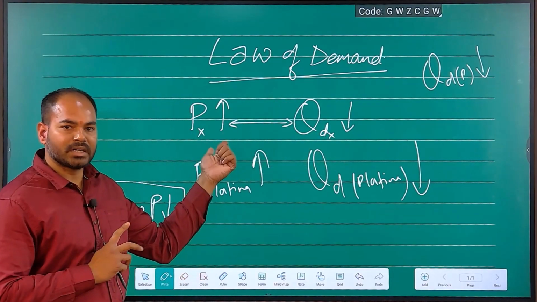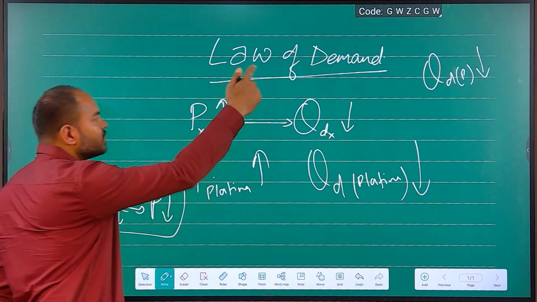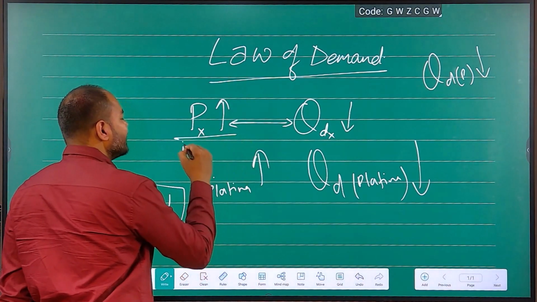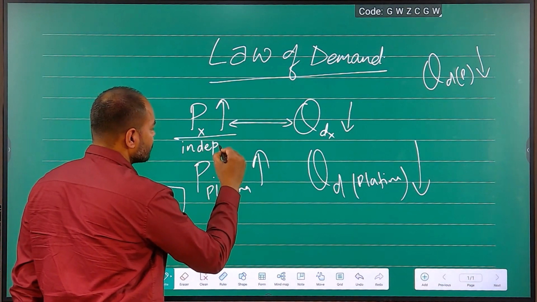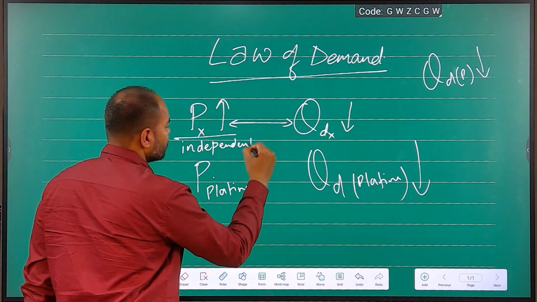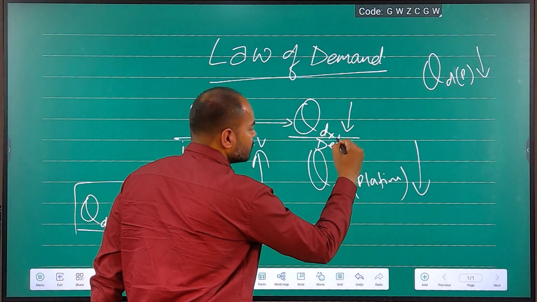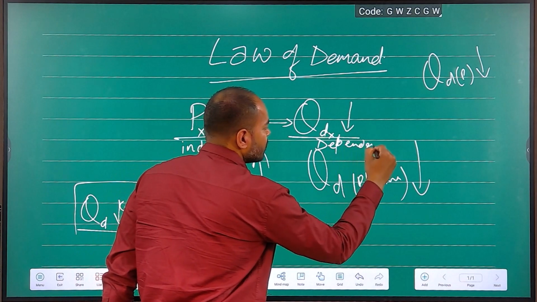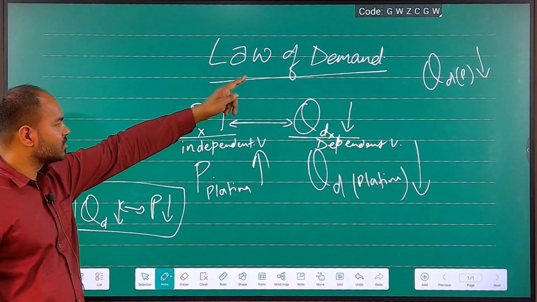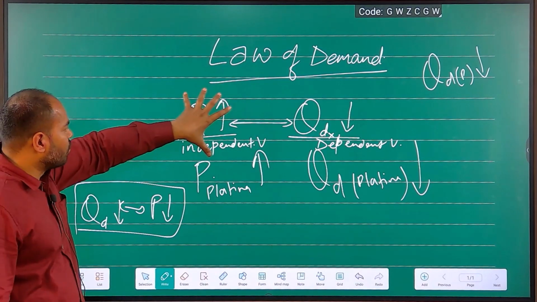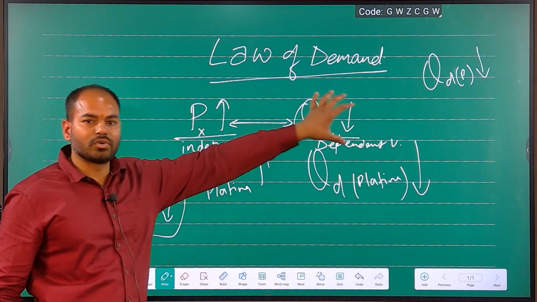We need to understand that under the law of demand, price is the independent variable, whereas quantity demanded is the dependent variable. So the law of demand suggests that we don't have control over price, we have control over demand.